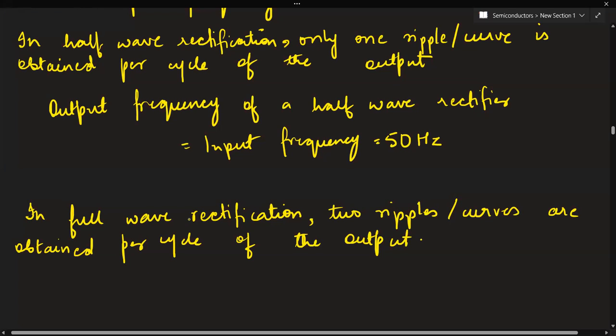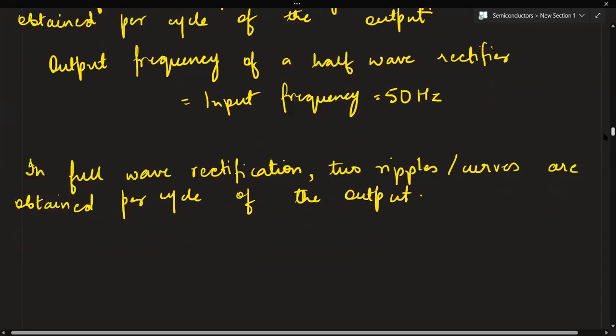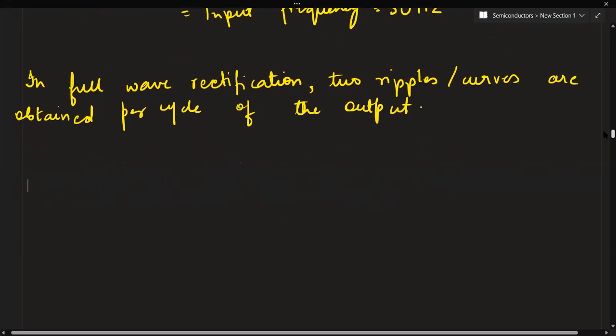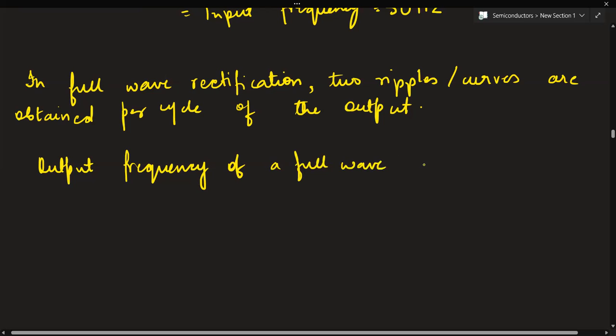So see, output frequency for a full wave rectifier, as we have discussed this also. By the above statement, you can figure out that the output frequency of a full wave rectifier is ultimately 2 times the input frequency.